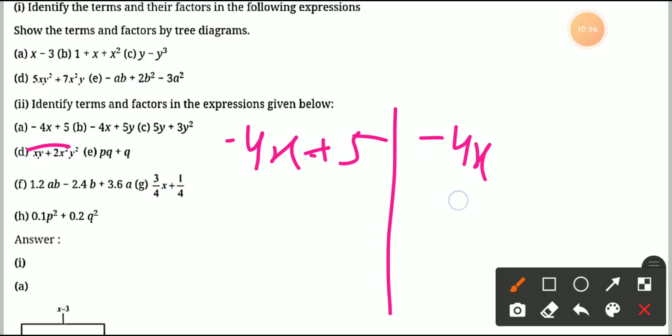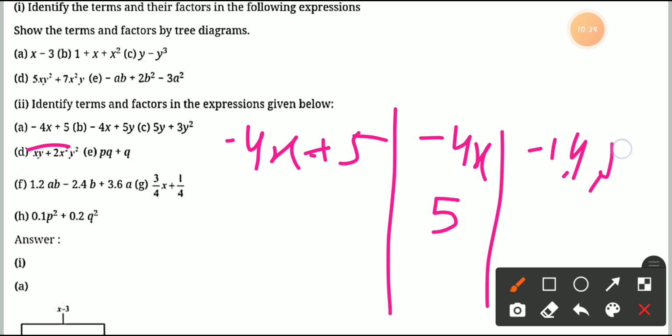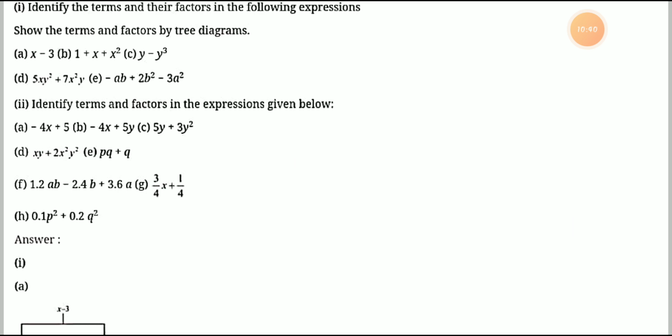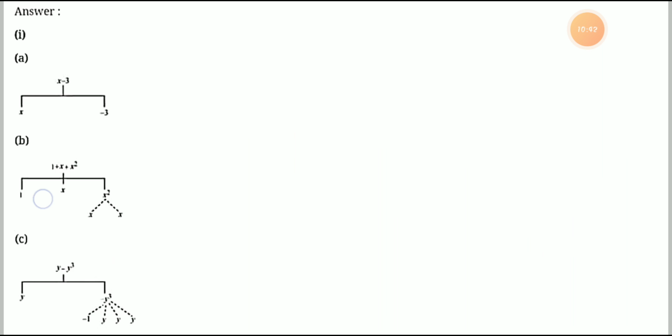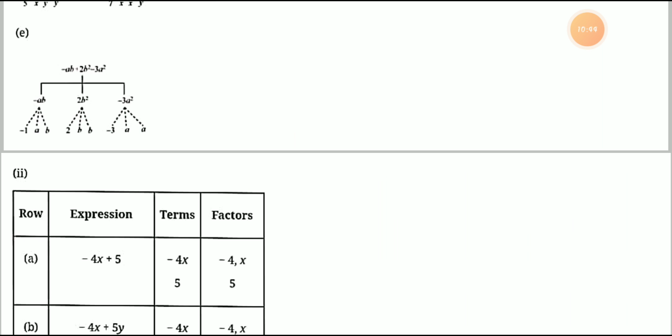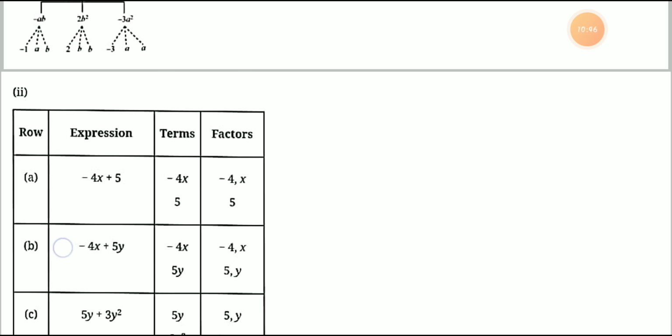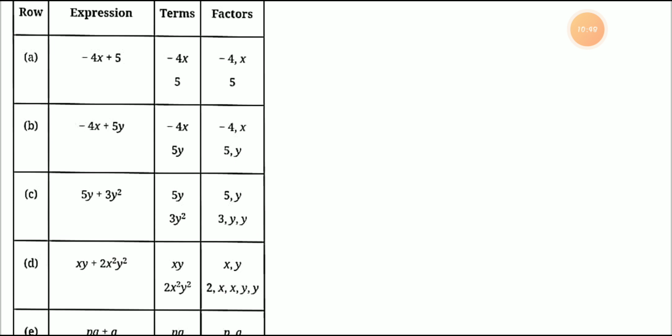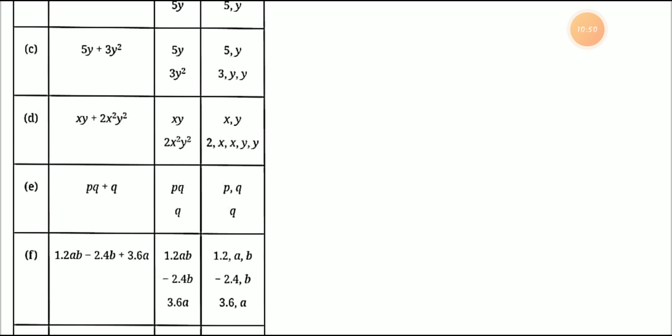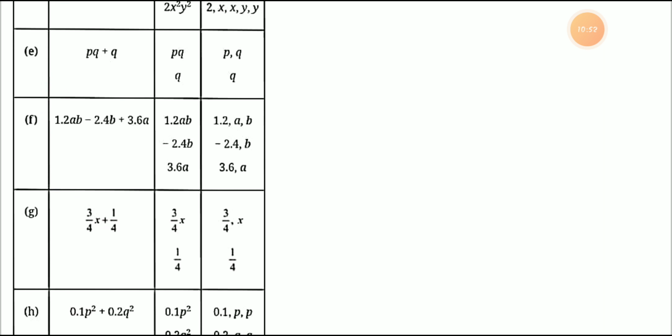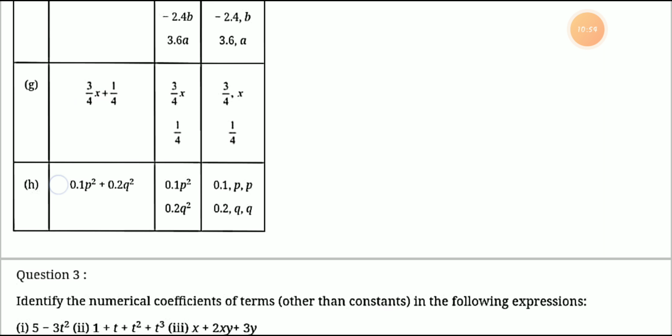In second line you will write 5. Then there are factors here. Minus 4x means minus 1, 4 or x, and 5 is constant. You write 5. Like this you have to do. And see the answers of all these questions. Okay. The same method, you have to draw table in your copies. I hope you know how to do all these questions.